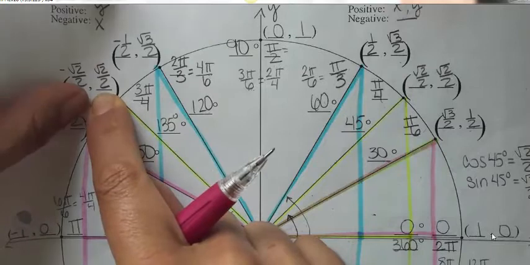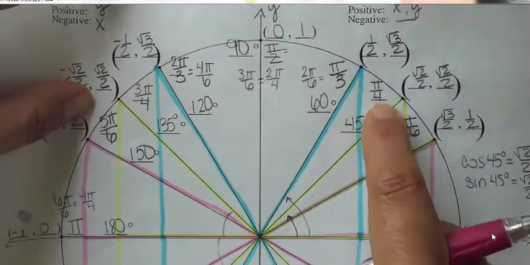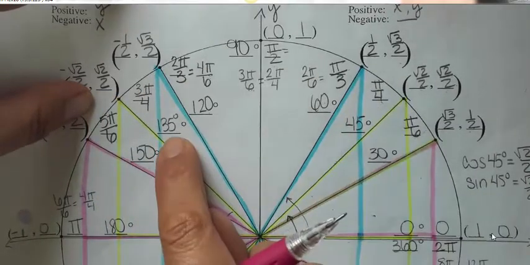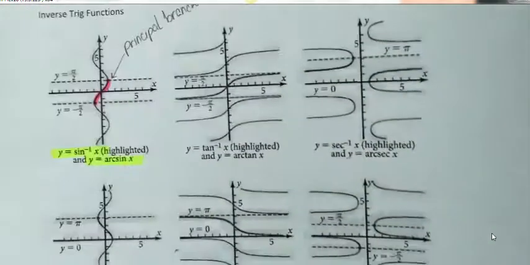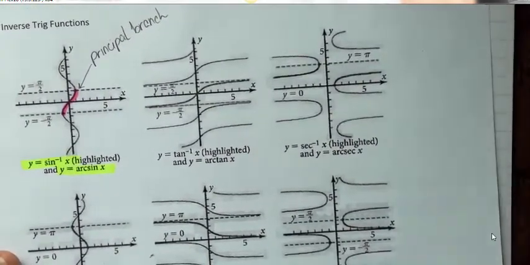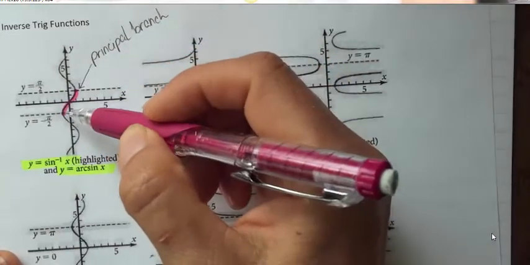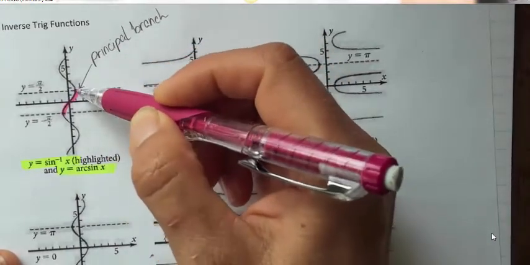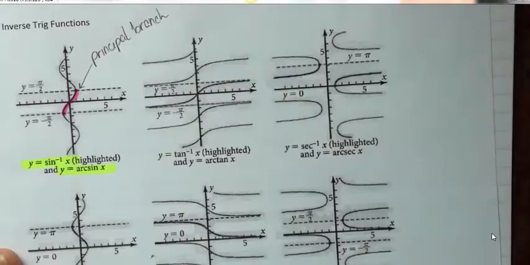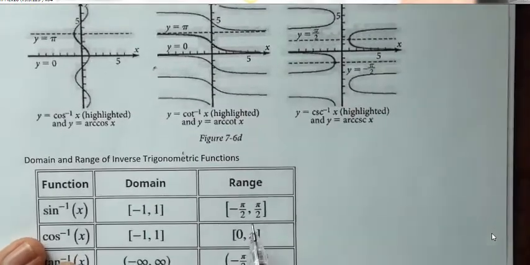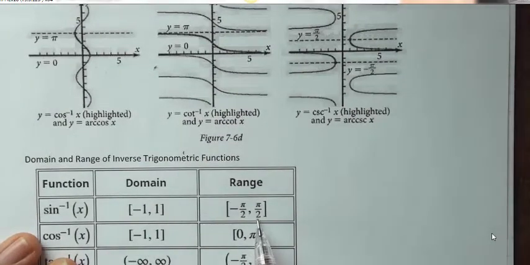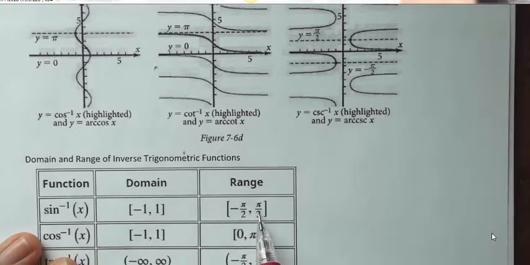Well, the reason I know that it's going to be the 45 degrees or the pi over 4 and not the 135 degrees or the 3 pi over 4 is because of this principal branch. I am only allowed to go from negative pi over 2 to pi over 2. I'm only allowed to use these angles. Pi over 4 fits in here. It's half of pi over 2.